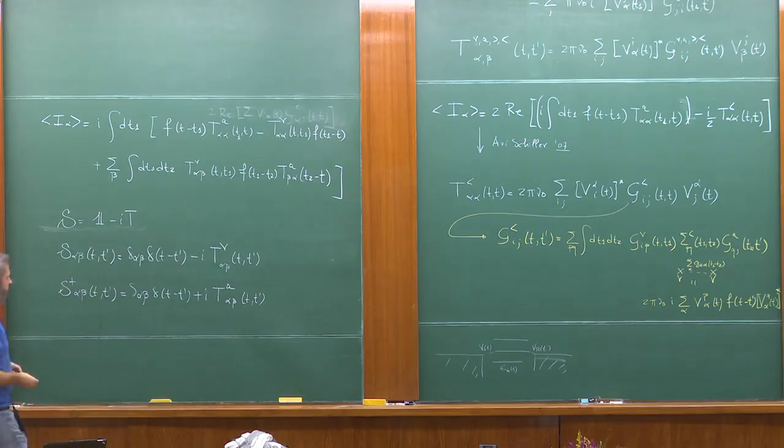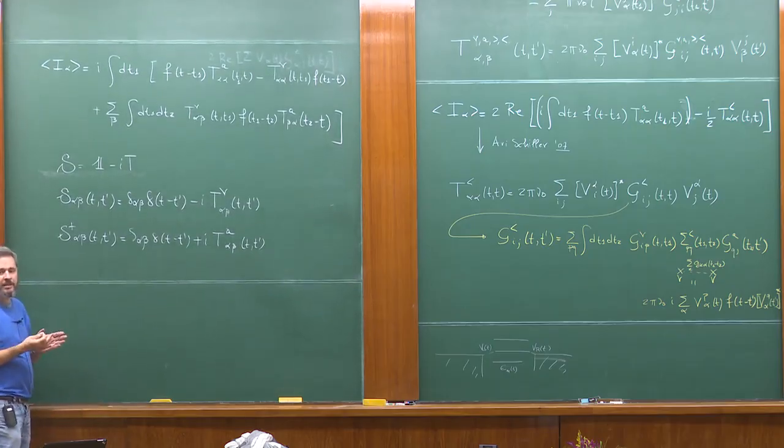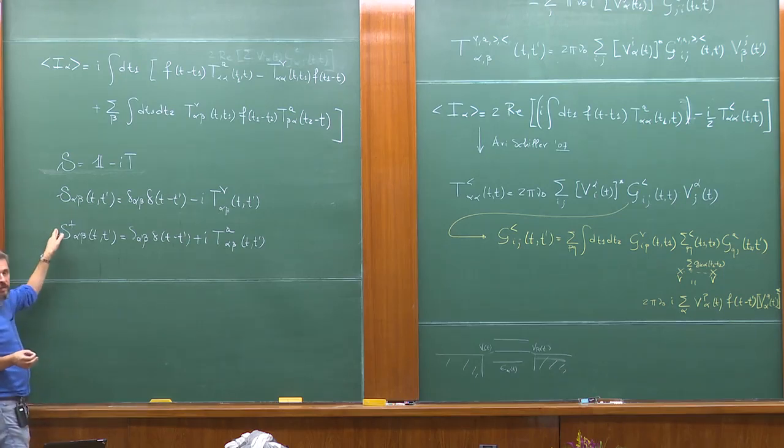All right, and then you ask yourself a question. This construction makes sense; I can interpret this as an S matrix. What property should the S matrix satisfy? It's a unitary matrix, right? So if I want this to be a proper definition of an S matrix, it should be unitary.